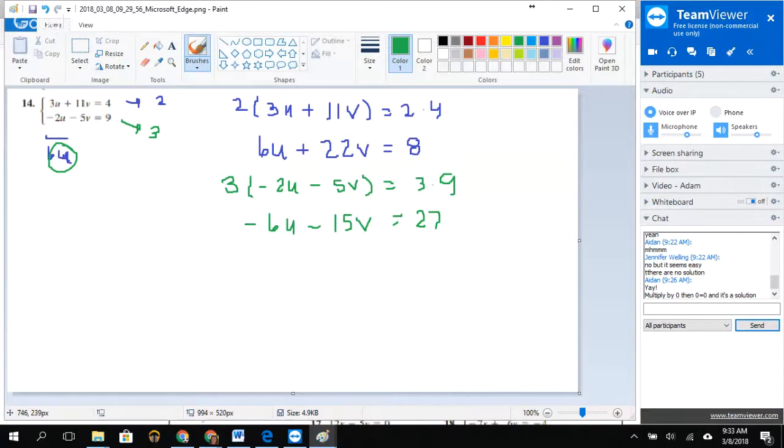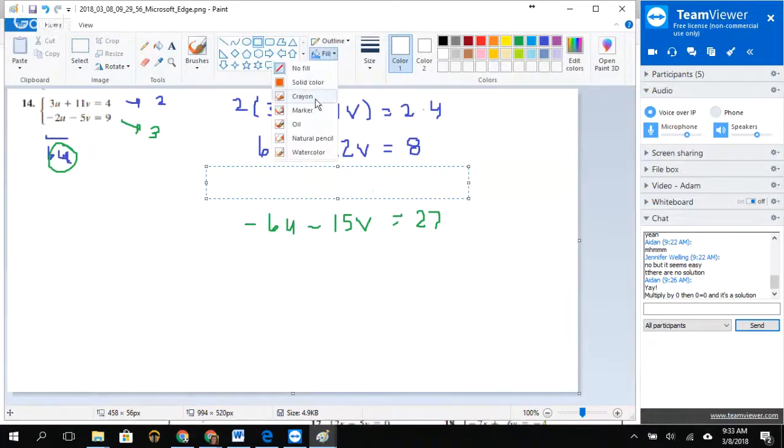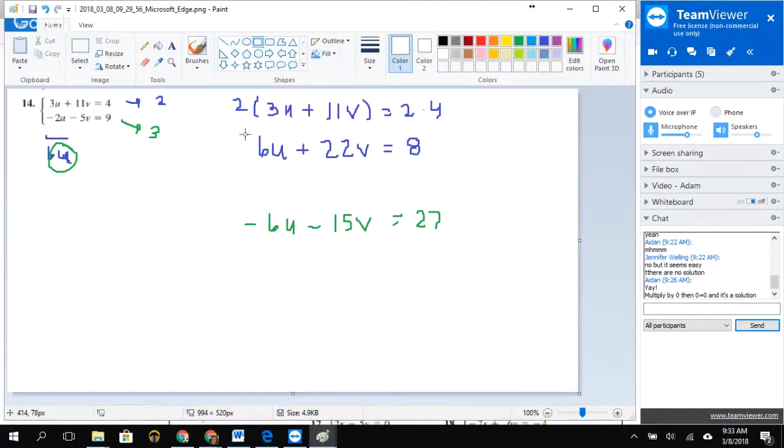So now I'm going to add my two equations together. I'm going to erase this so we can speed things up. All right, so these are my two transformed equations. I've multiplied both of my equations by a constant.